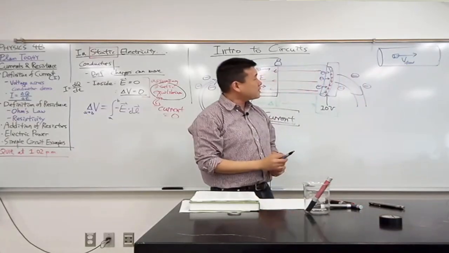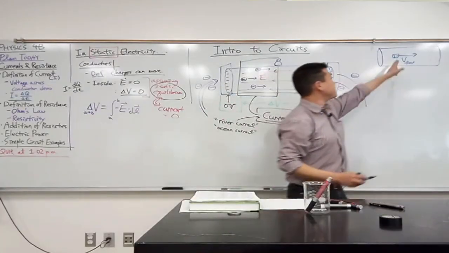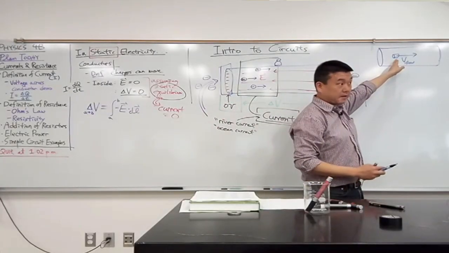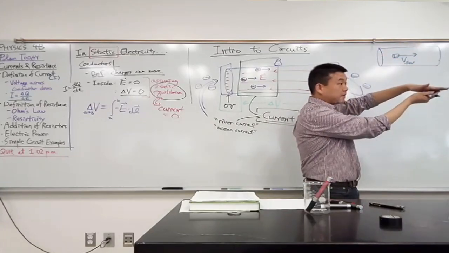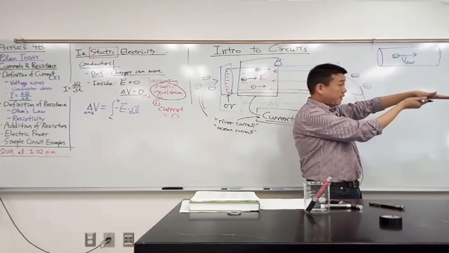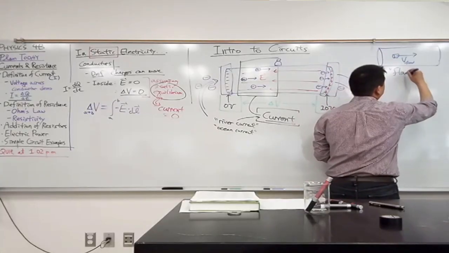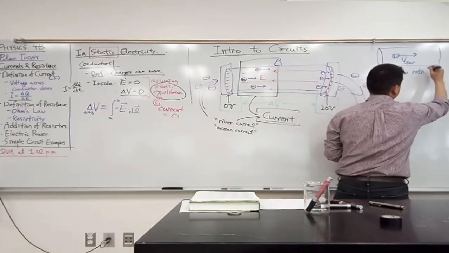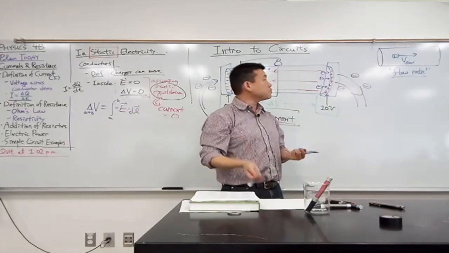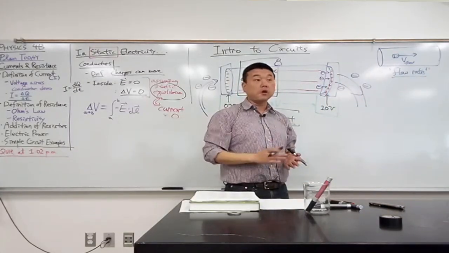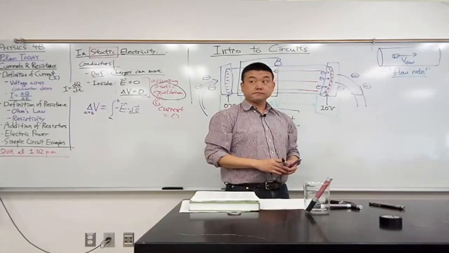But that doesn't actually tell you how much water is flowing, because this speed can be really high, but the water pipe can be so narrow that not much water is flowing. So when I talk about the word flow rate, really what I'm interested in is the total amount of water that's flowing. In what units would you measure the total amount of water that's flowing? Gallons per hour.